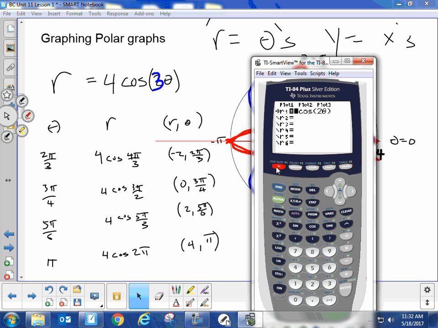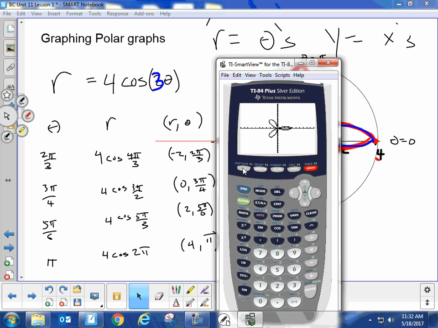But if we look at the graph of 4 cosine 3 theta, what's different? It traces it twice. What does that mean? What did you do again? So you go y equals, you go to the left, you press enter until you get this line in a circle.